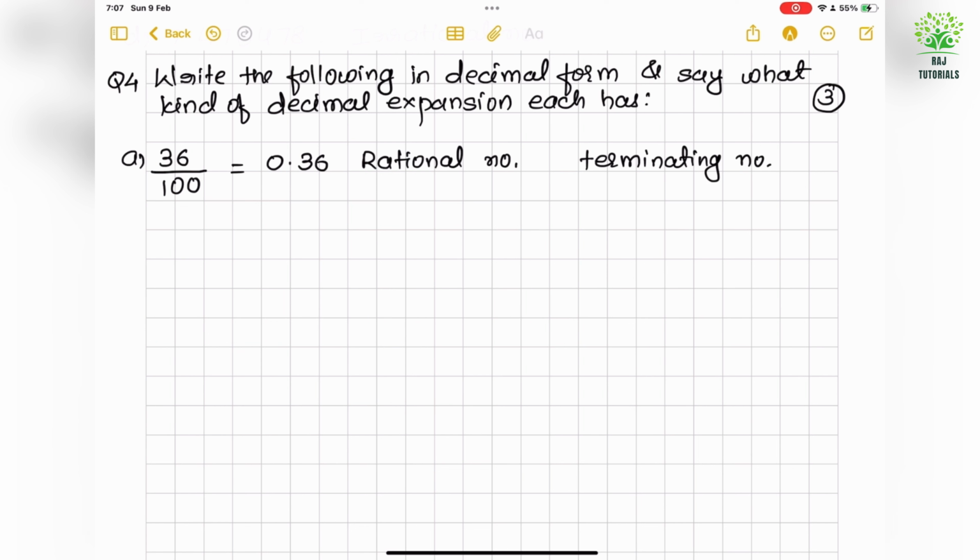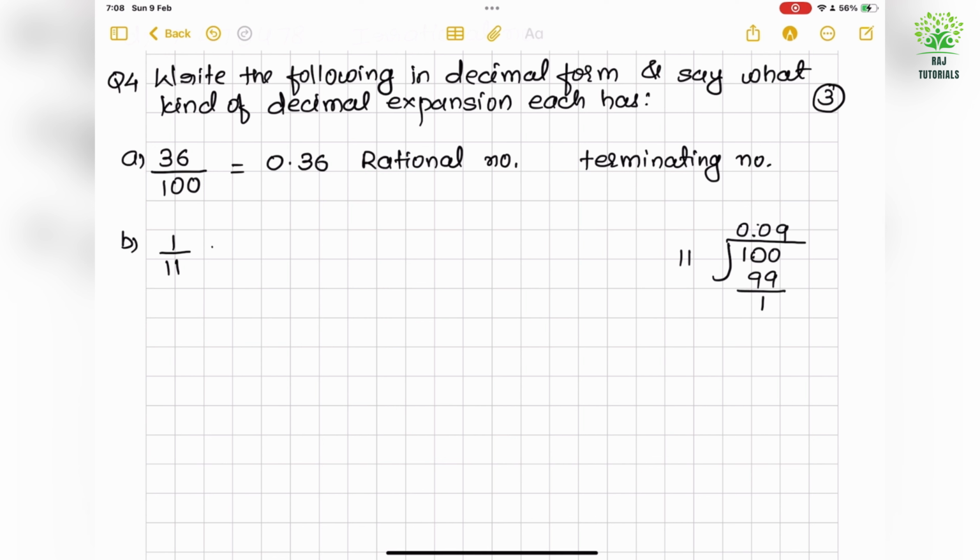Then the second one is 1 upon 11. So here if I don't know the 1 upon 11 division, I need to divide it. So on the side I am showing you the division, 1 divided by 11. So it won't work. So point and 0. So now 0 came. So still it is not working. So one more 0 and 9. So 99, again 1 came.